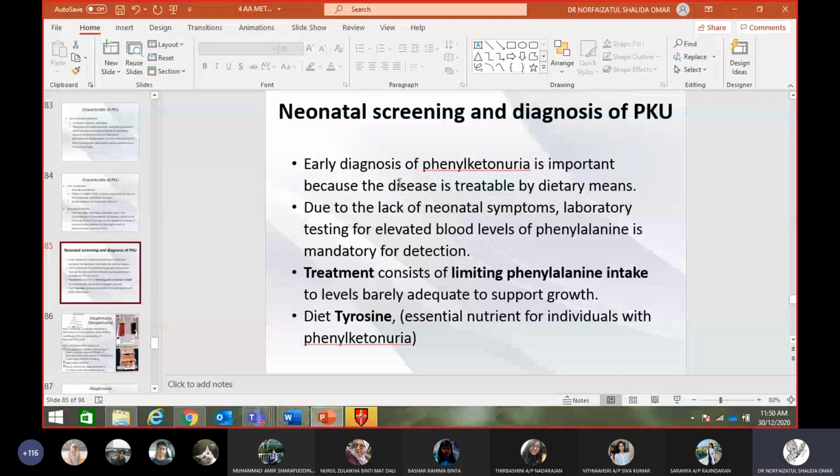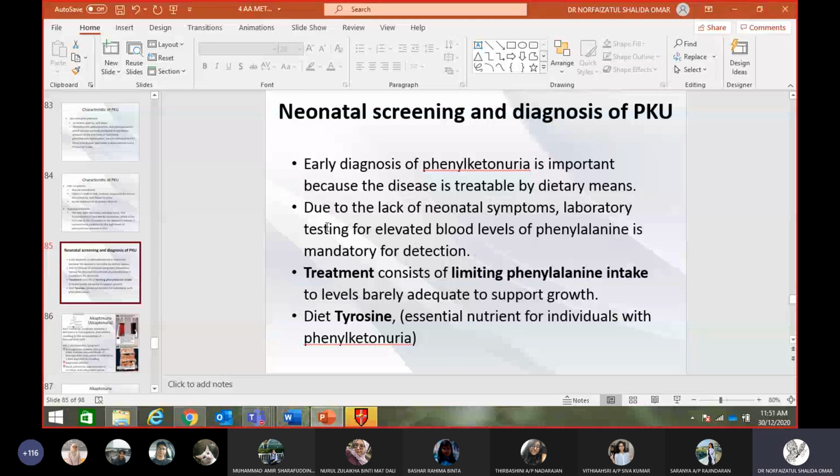Early diagnosis is important because the disease is treatable by dietary means, meaning that you can't really treat the defective enzyme, but by giving a strict diet to this fetus or baby, you can reduce the symptoms.